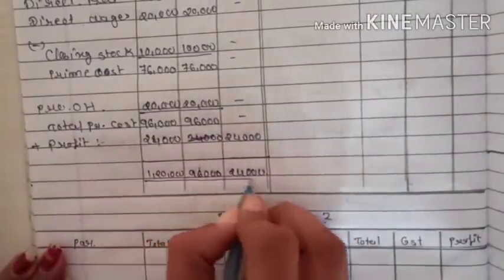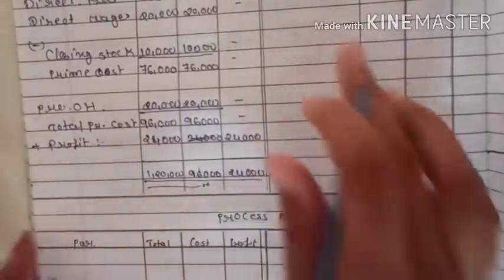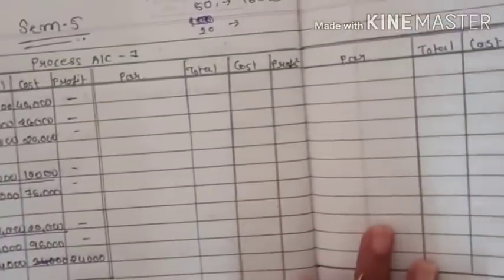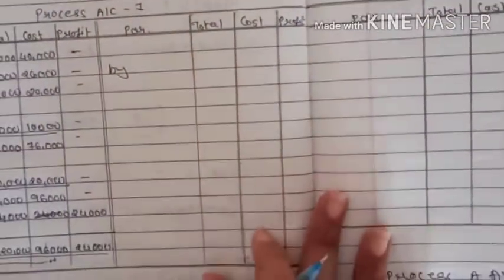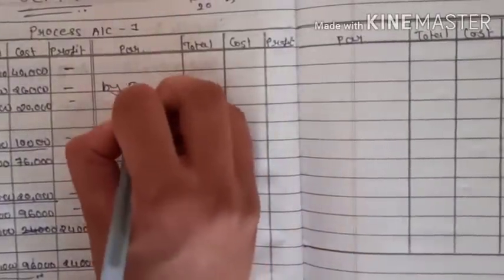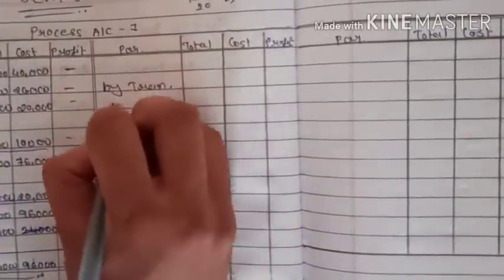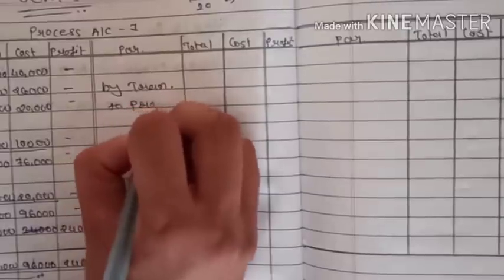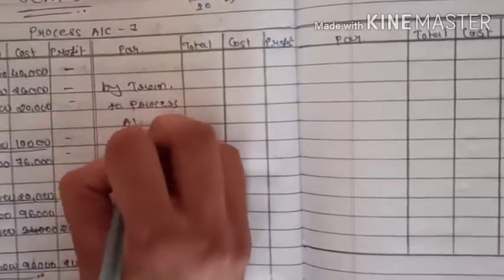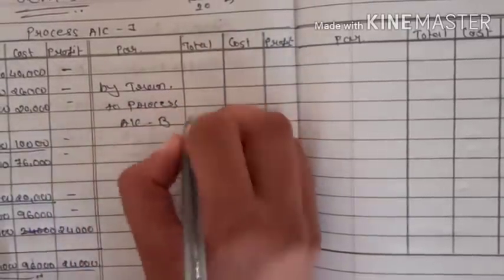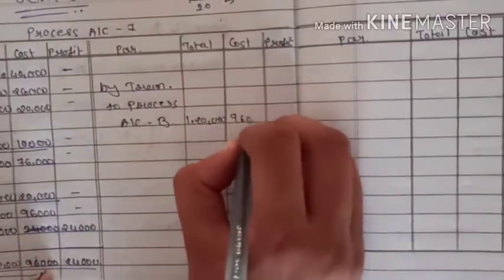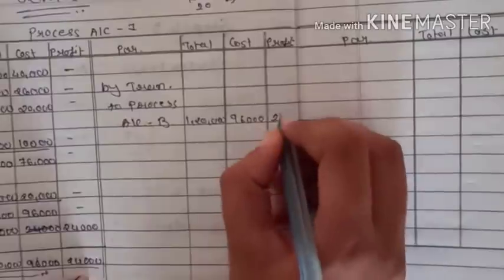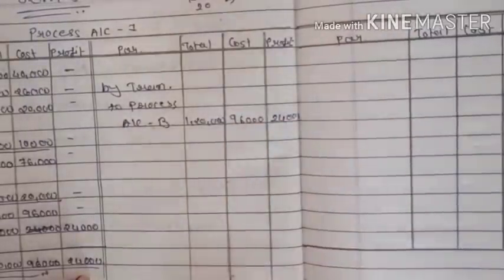There is a total. On the credit side, we have to transfer to process account B: 1,20,000, 96,000 and 24,000. Understood?